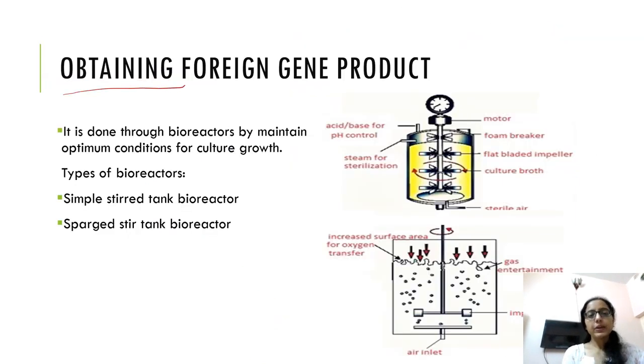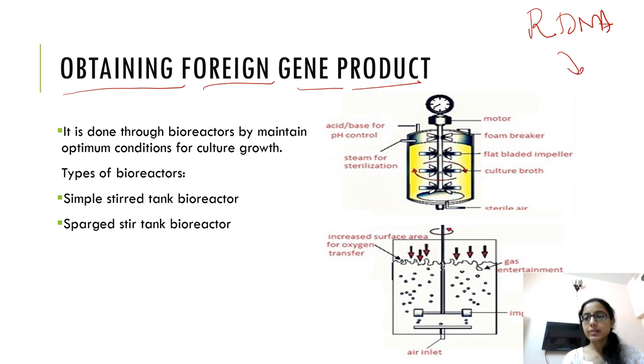Now, how to obtain the foreign gene product? This is one of the last topics. After we have done recombinant DNA technology, in which we have entered the foreign DNA into the host DNA, this is the foreign DNA in the bacteria, or in the animal or plant cell.